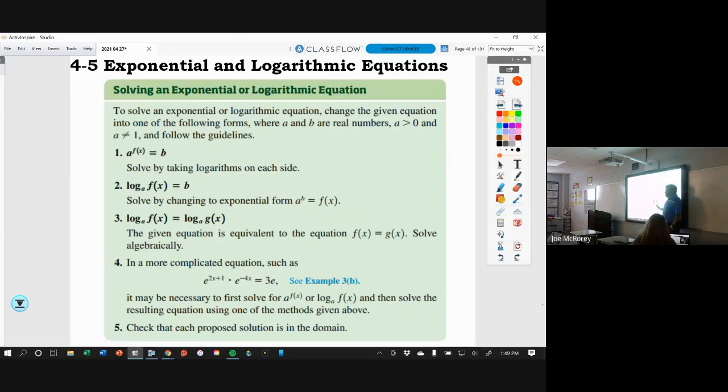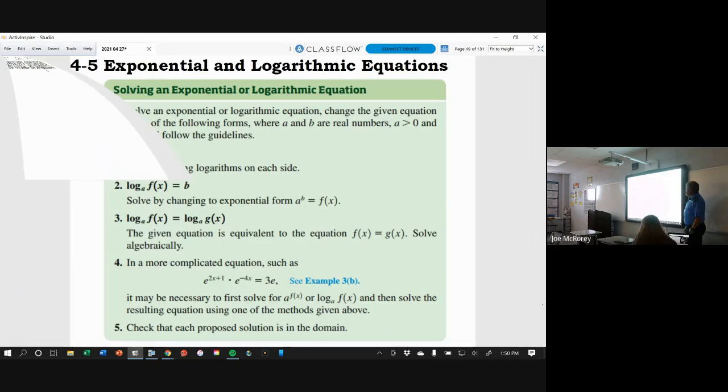You can change it by definition, or make that the exponent, then it cancels. If the log of one function is equal to the log of another function with the same base, that can only be true if the functions are equal. And sometimes we have to simplify first.